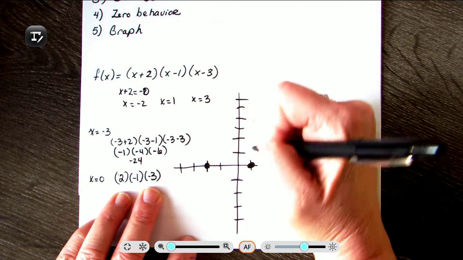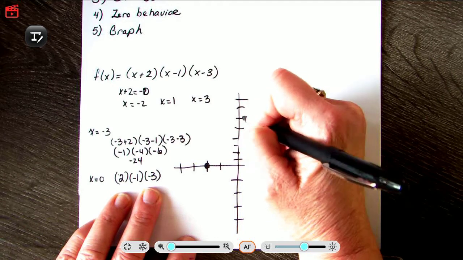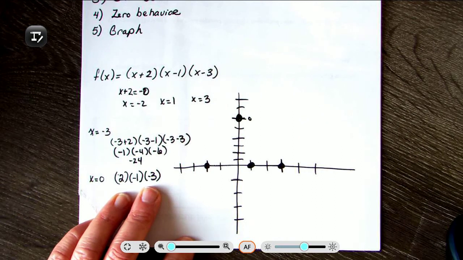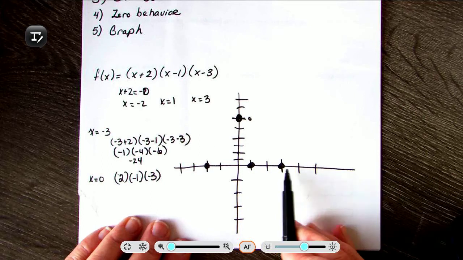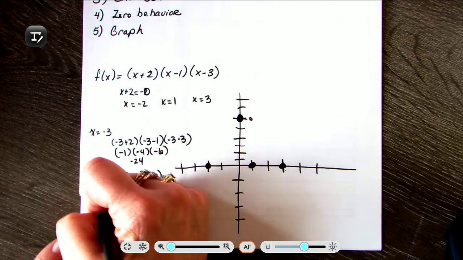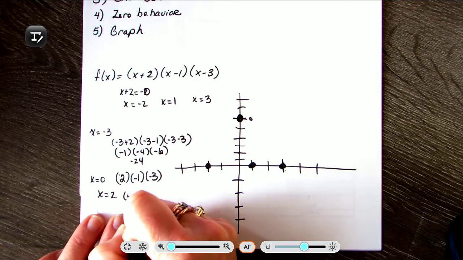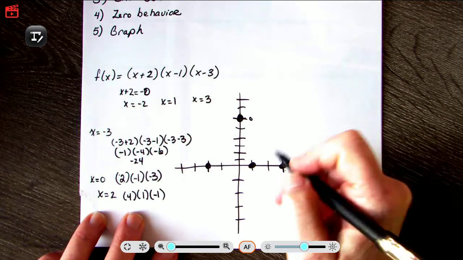Put some more lines in here: 1, 2, 3, 4, 5, 6. There we go. That would have also been the y-intercept, a nice one to choose. Then a number between 1 and 3, maybe 2. Substituting 2 in here gives me 4 times 1 times negative 1, so I'd get negative 4.